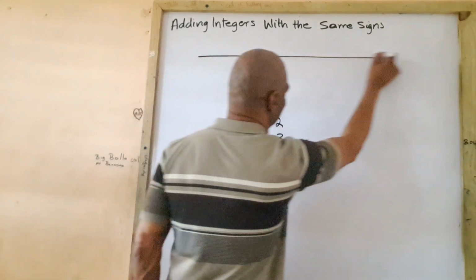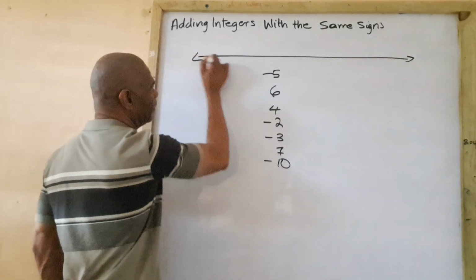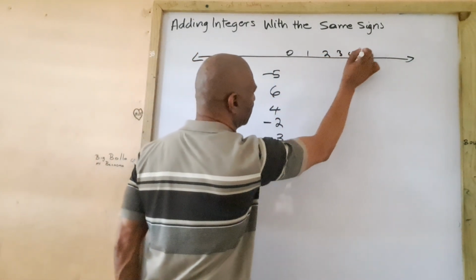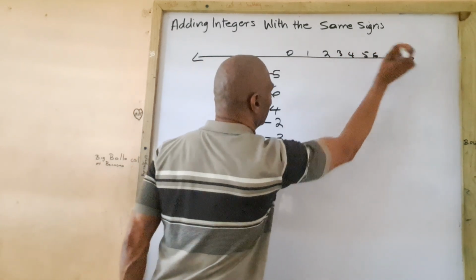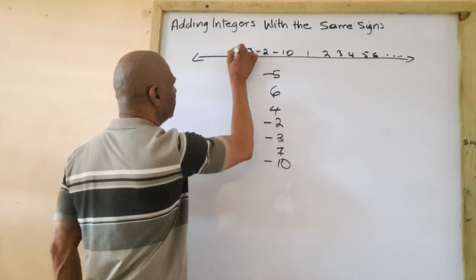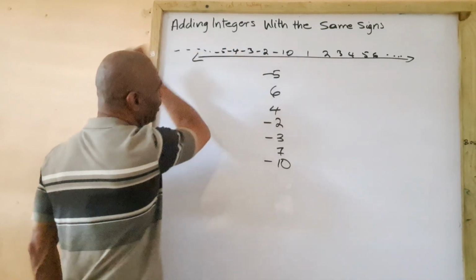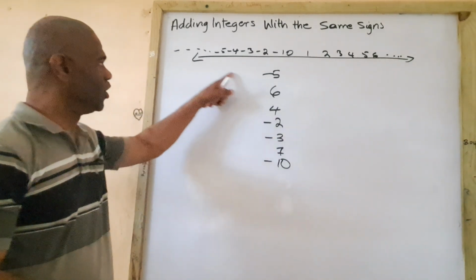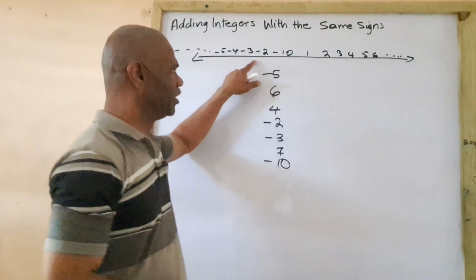So let's say we have this number line here. We have 0, 1, 2, 3, 4, 5, 6, and so on. We have -1, -2, -3, -4, -5, and so on. Now, the further left we go on the number line, the smaller the number gets.